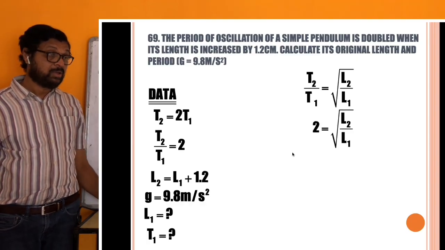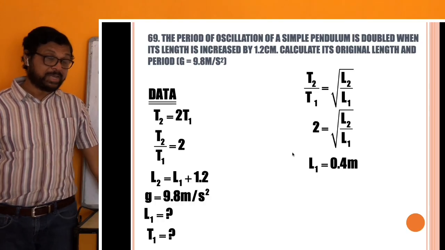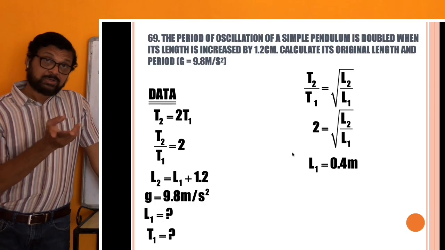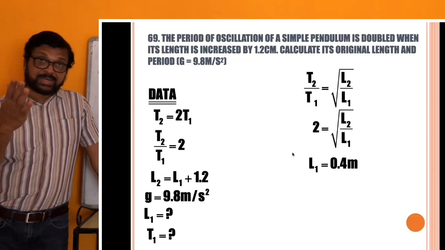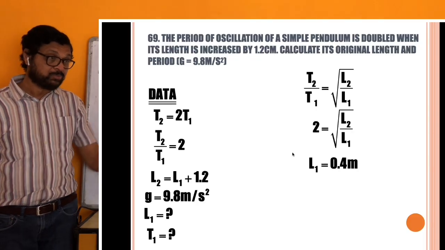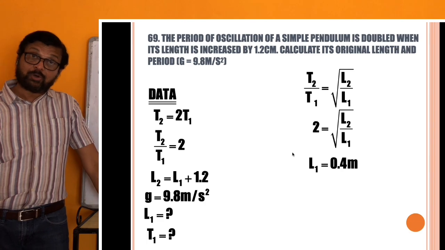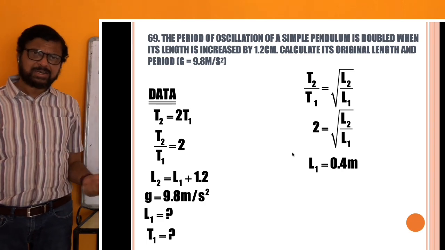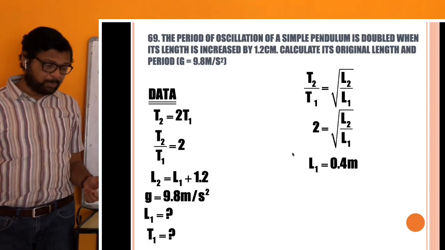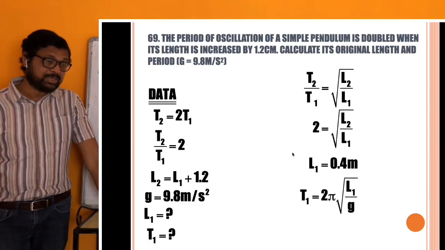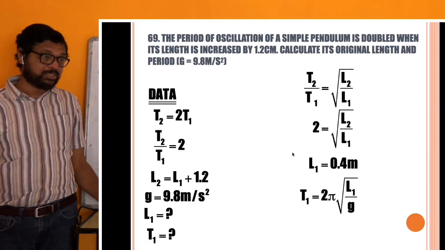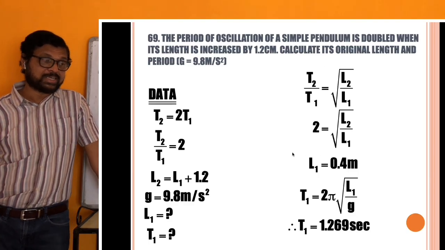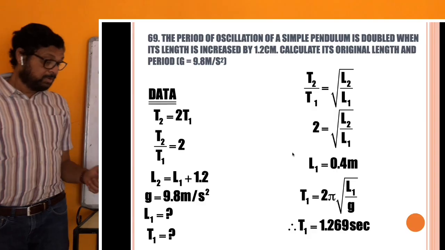We replaced L2 with L1 plus 1.2. Squaring and cross multiplying, you get L1 is equal to 0.4 meter. And once we get L1, we can find T1. T1 will be 2 pi under root L1 upon G. That gives you the value of T1, 1.269 seconds. Next question.